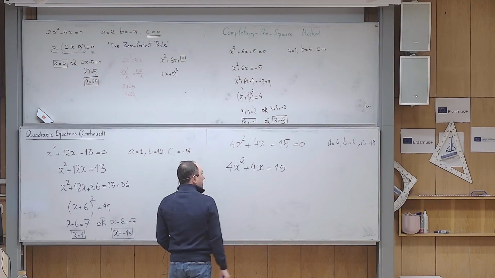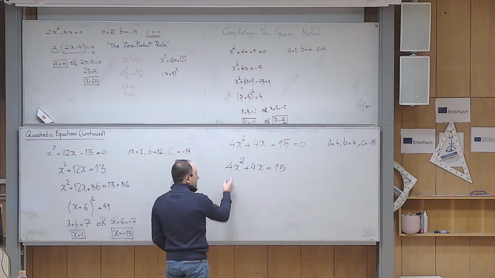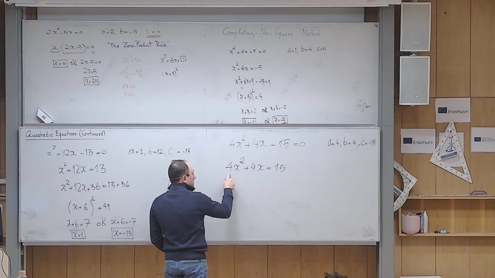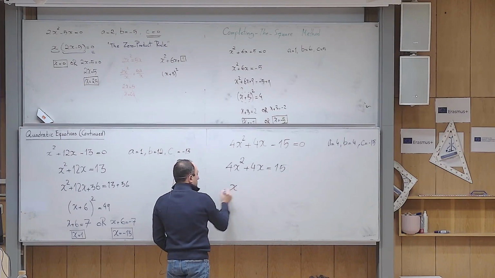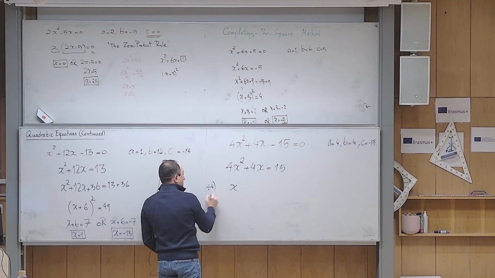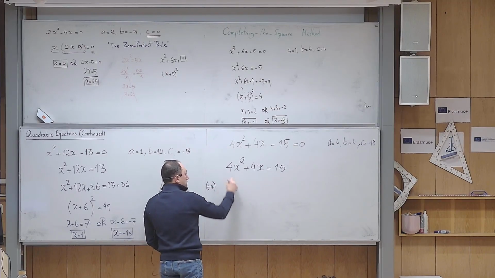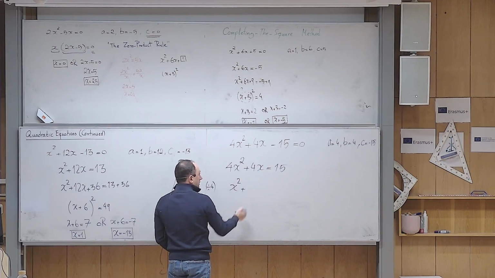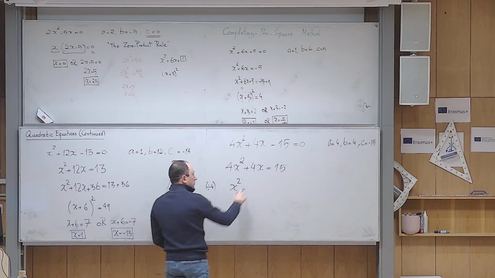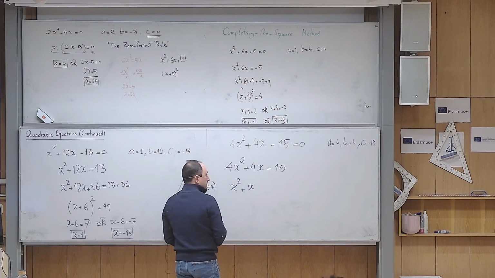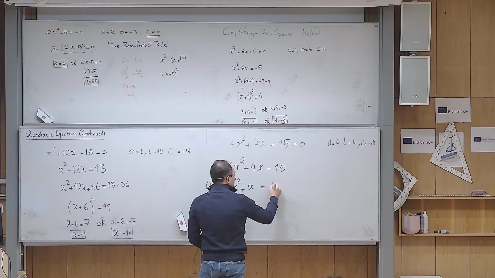But before completing the square, you divide everything by this number, if it is not 1. When I divide by 4, this means it becomes x squared, but when you divide by 4, you have to divide everything by 4. So this becomes also x, and that becomes 15 over 4.